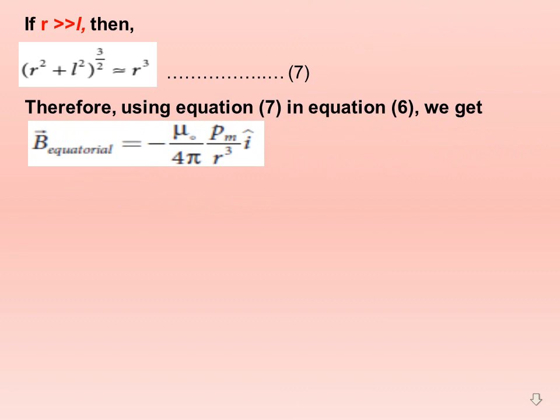Therefore, using equation 7 in equation 6, we get B vector equatorial is equal to minus mu naught by 4 pi Pm by r cube into i cap.